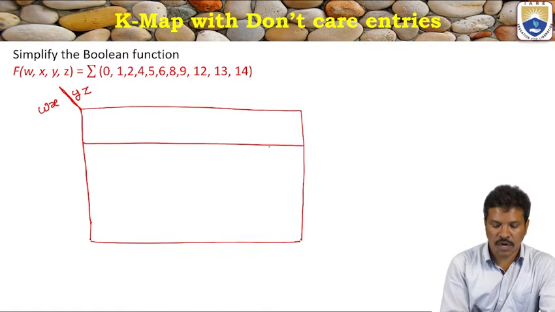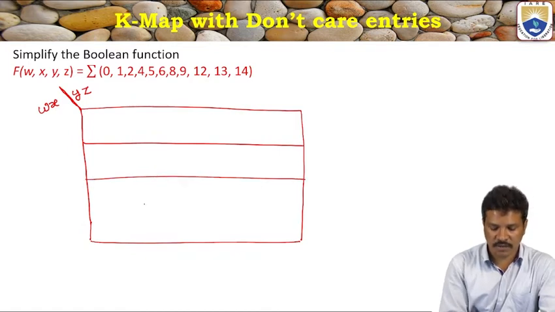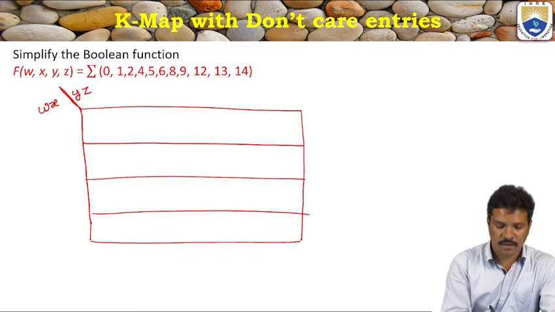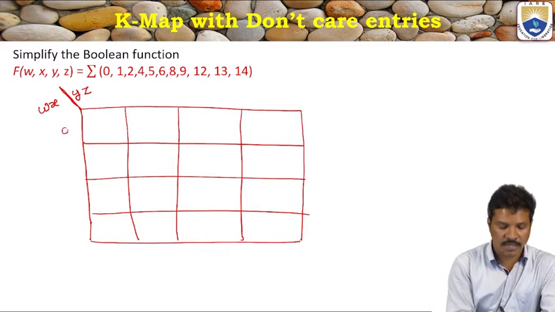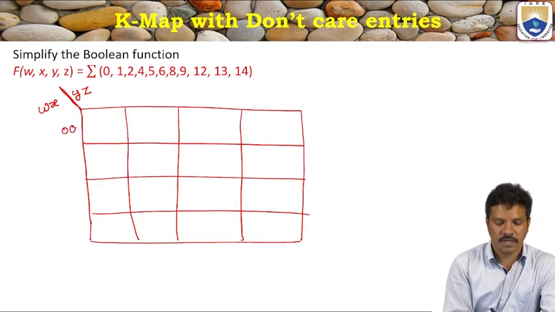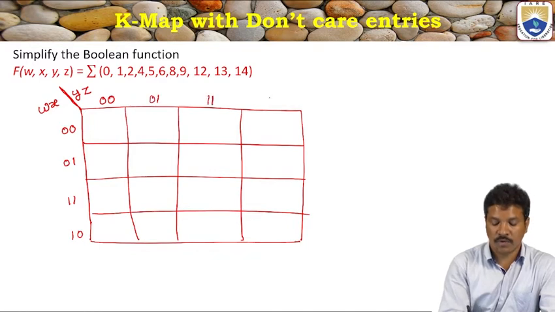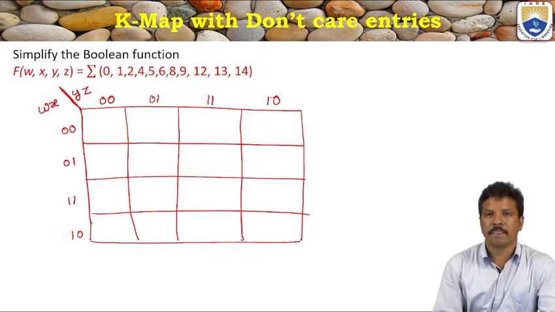So in order to get 16 square boxes, we take 4 lines horizontally and vertically. We can represent them with the binary values for w x: 0 0, 0 1, 1 1, 1 0 rows, and 0 0, 0 1, 1 1, 1 0 columns.